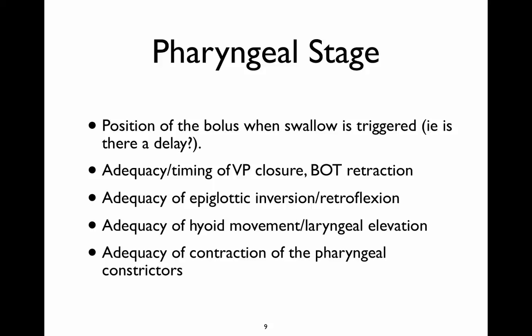You're also going to be checking the functionality or adequacy and the timing of all the other activities that are in this stage. So you want to make sure that there's good VP closure, that the epiglottis inverts, that there's laryngeal elevation and anterior movement of the hyoid, and that you start to see that characteristic pattern of the pharyngeal constrictors as they squish the bolus inferiorly through the pharynx.